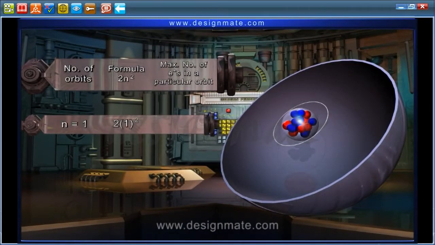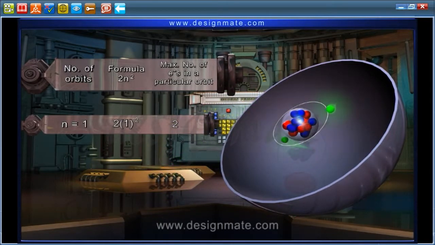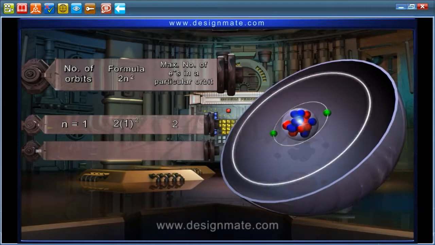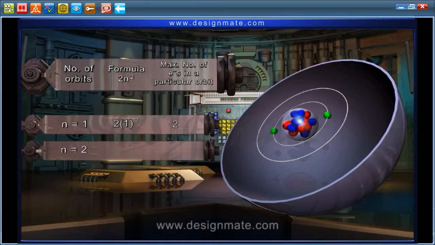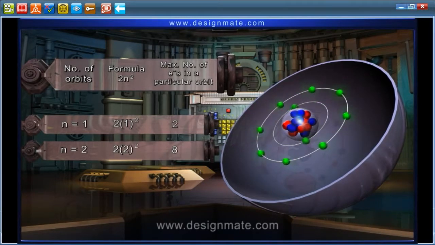Therefore, 2n squared is equal to 2. Hence, the maximum number of electrons that can be accommodated in the first orbit is 2. Similarly, for the second orbit, n is equal to 2, so 2n squared equals 8. Hence, the maximum number of electrons that can be accommodated in the second orbit is 8.